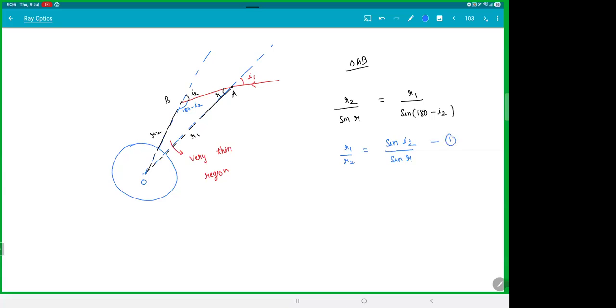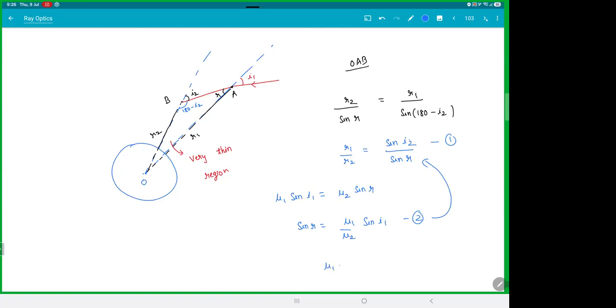This is one equation. From Snell's law, we know mu1 sine I1 is equal to mu2 sine r. Take sine r and substitute there. This is equation 2. Substitute here. That would become mu1 by mu2. Mu2 will go up.